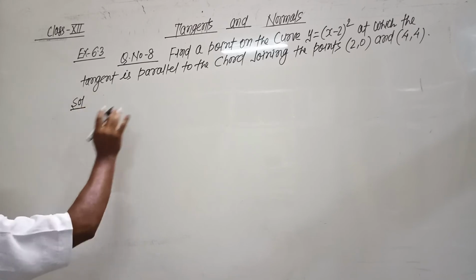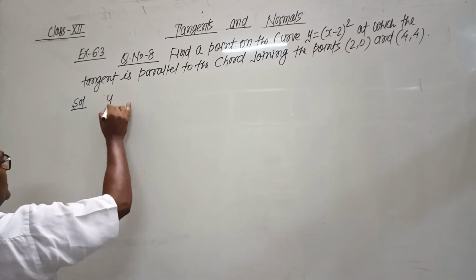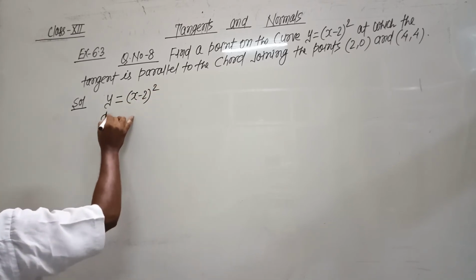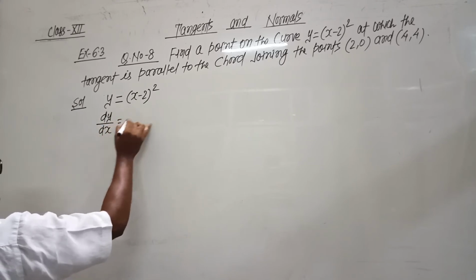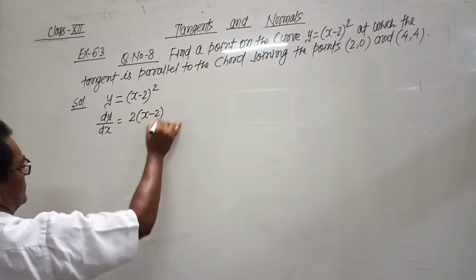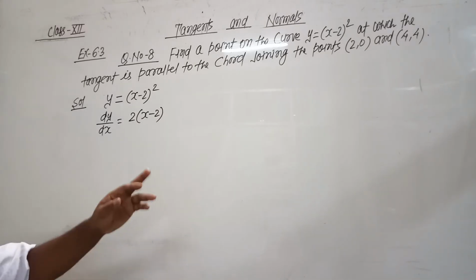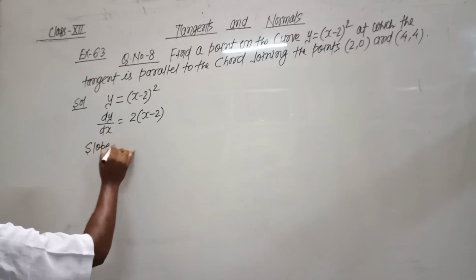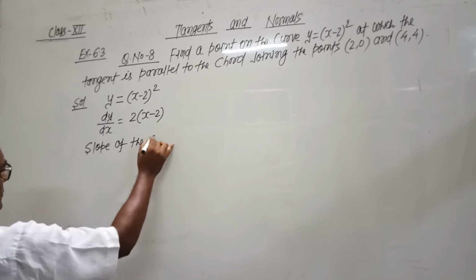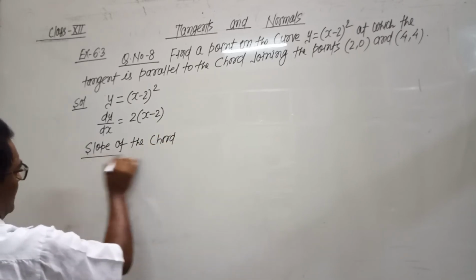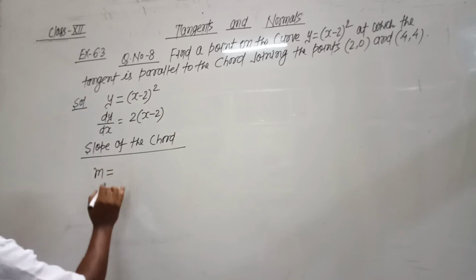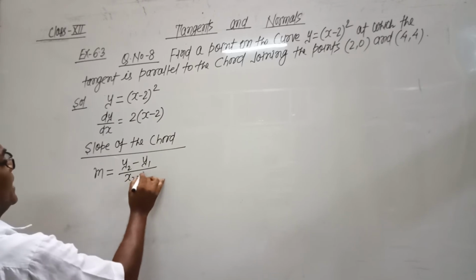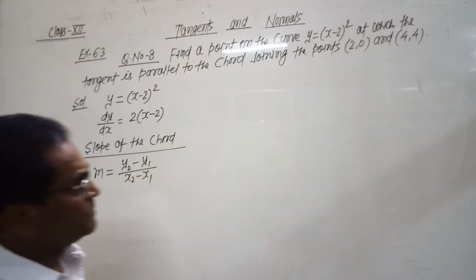So firstly we will find the slope of the tangent to the curve, meaning dy by dx, where y equals (x minus 2) squared. So dy by dx equals 2 into (x minus 2). Then the slope of the chord. Formula for finding slope of the chord: m equals (y2 minus y1) upon (x2 minus x1), where m is the slope.